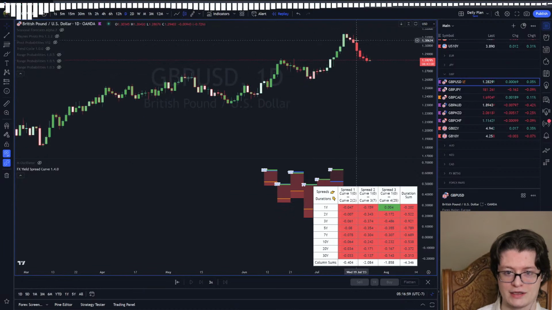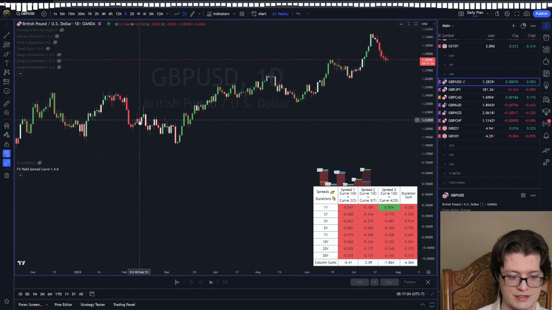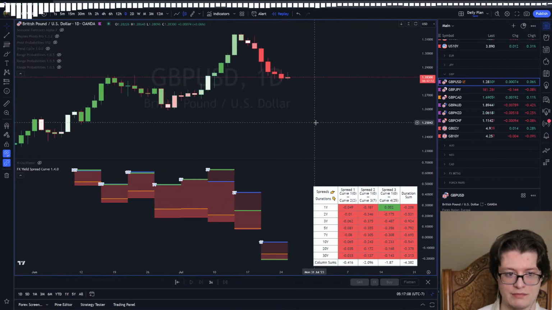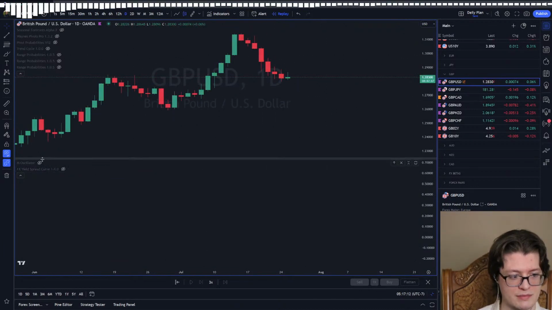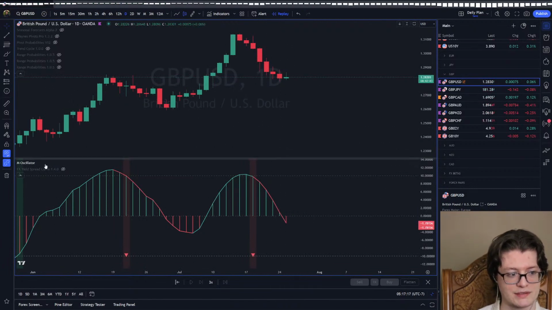First time you're getting negative yield spreads since the beginning of February. So it's been months since you've had negative yield spreads here. How's the momentum on this? Yeah, the momentum's pretty bad still.